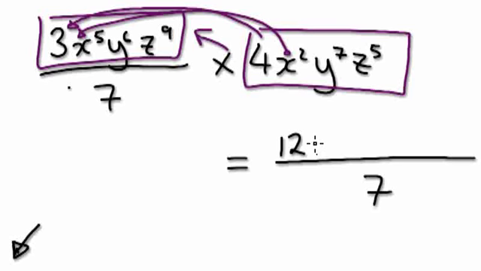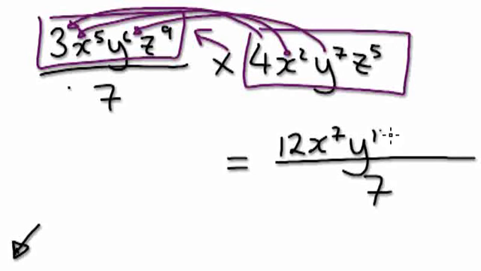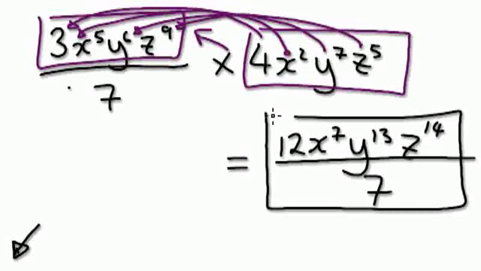That will be x to the power of 7. And the y times the y over here, so that will be y to the power of 13. And then you've got the z here times the z over here. This would be z to the power of 14. So this would be your answer.